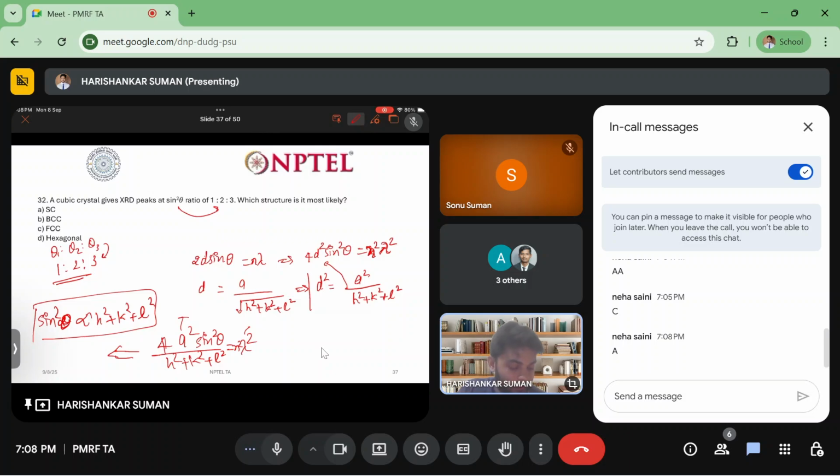So as we discussed, if all HKL are allowed, 100, you have to check 110, 111 like that, and put and check. This is 1 first, this gives you h square plus k square plus l square 1, 2, 3. And if all HKL are allowed, then this is known as simple cubic.